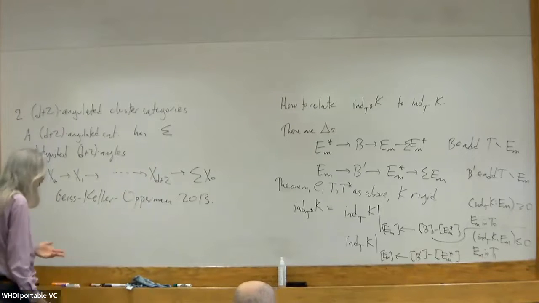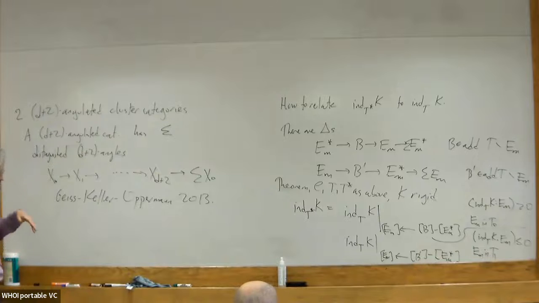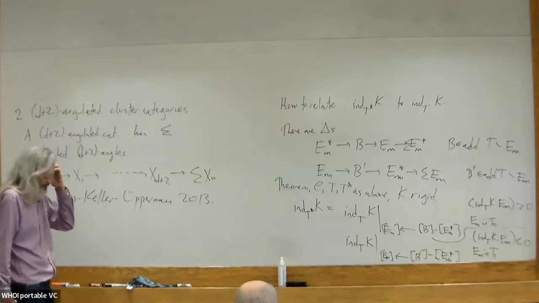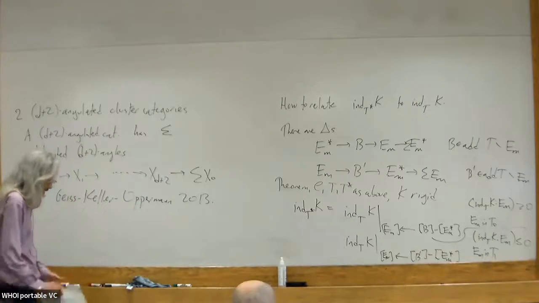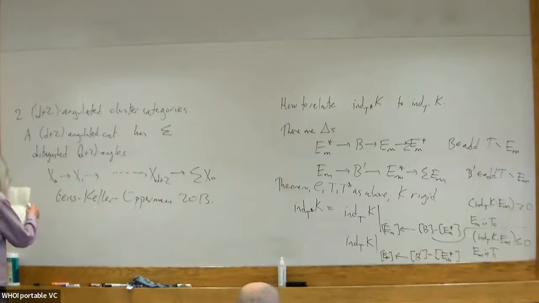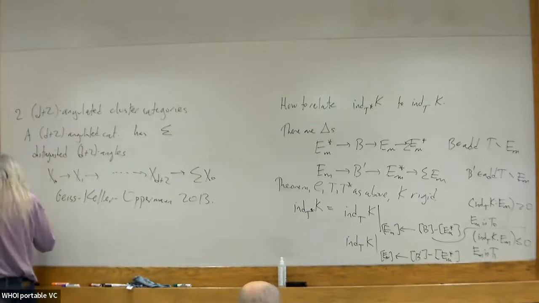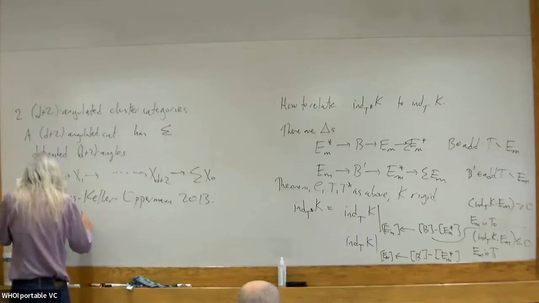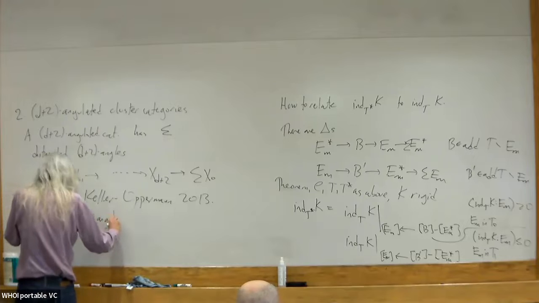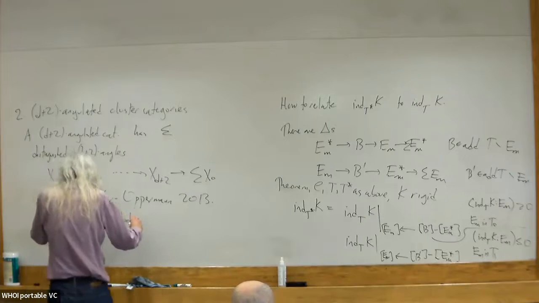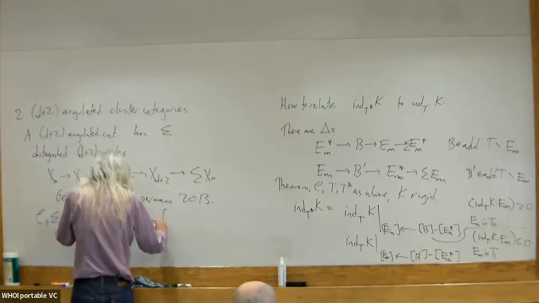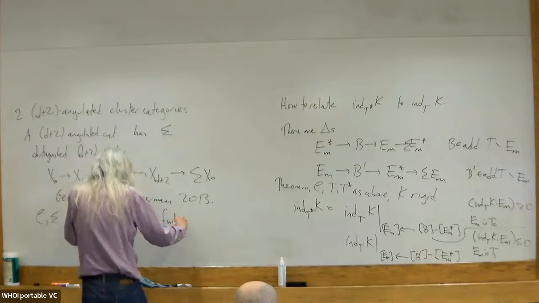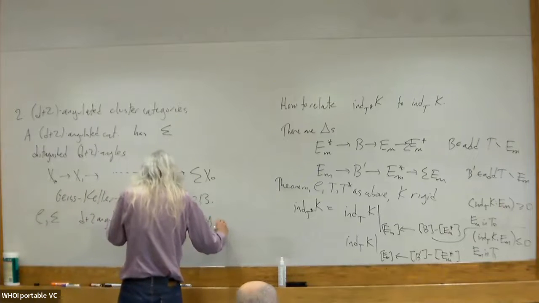And Christoph also said that the d-angulated structure is turning out to be relevant in things that I think are related to what came up. So let's say that C with suspension sigma is d plus 2 angulated, Hom-finite, and Calabi-Yau.